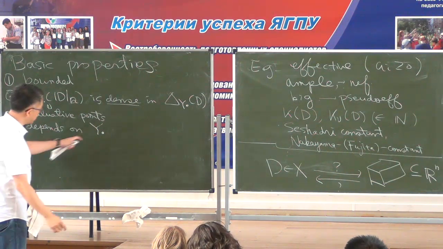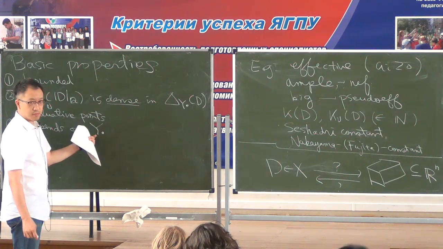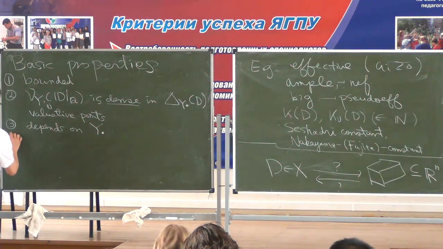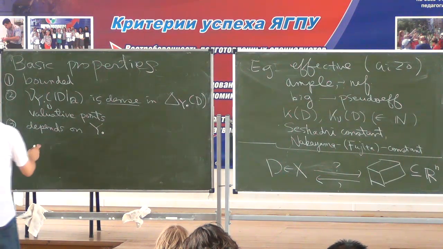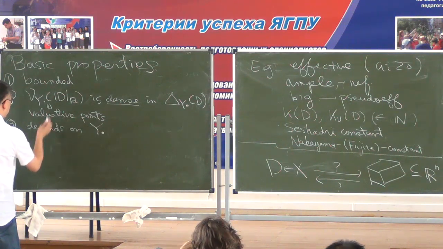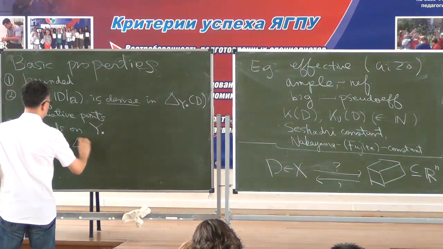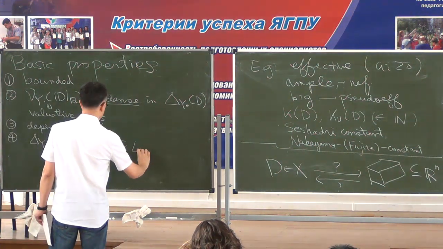So people try to find some canonical choice of the flag, but it's not easy. 4, some formal properties. So it's additive. So D plus D prime is contained in the body of the sum.